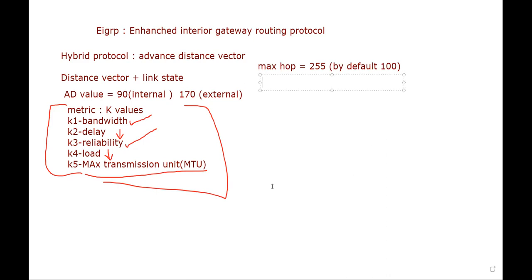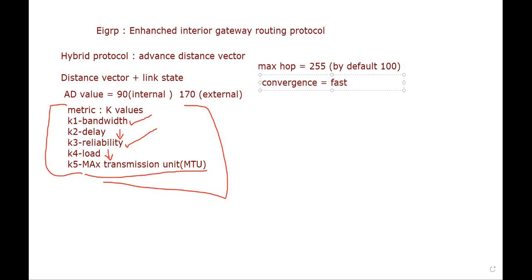Another important point is convergence. We have already discussed in RIP what convergence is. For example, we have two paths to reach a destination. If my primary path goes down, the router takes some time to find the secondary path.